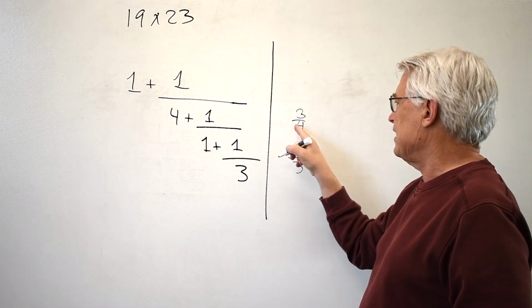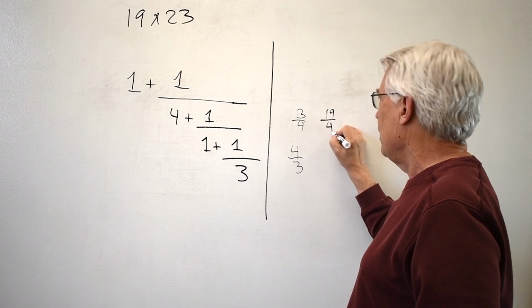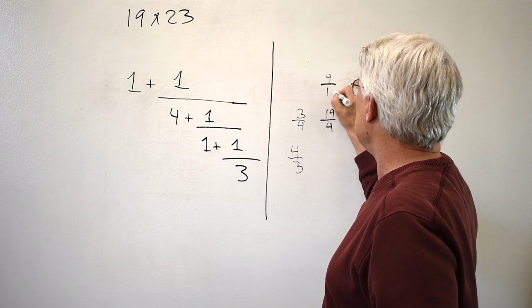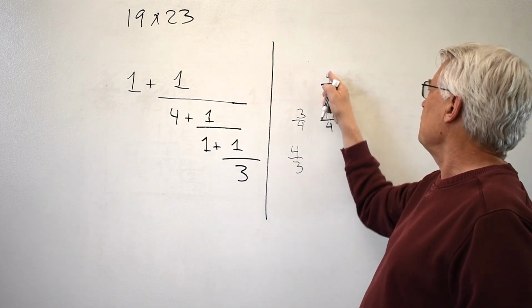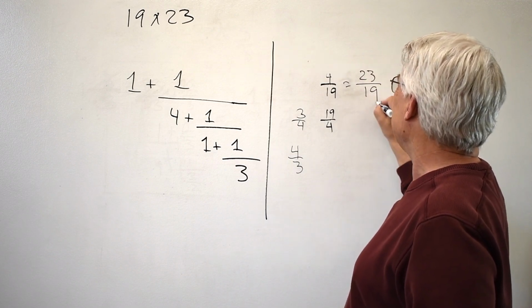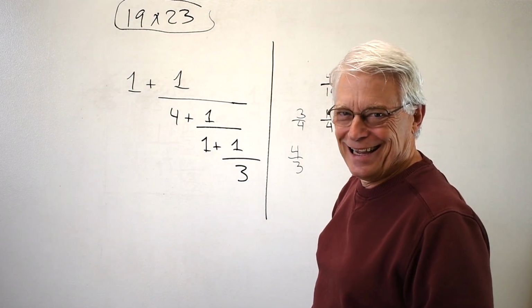Well, that's going to be 16, 17, 18, 19/4, right? But now you put that under 1, so you get 4/19 plus 1, and that's going to be 19 plus 4 equals 23 over 19.